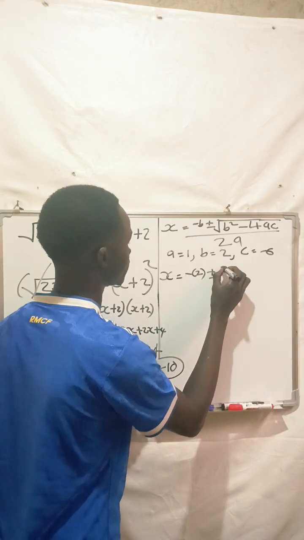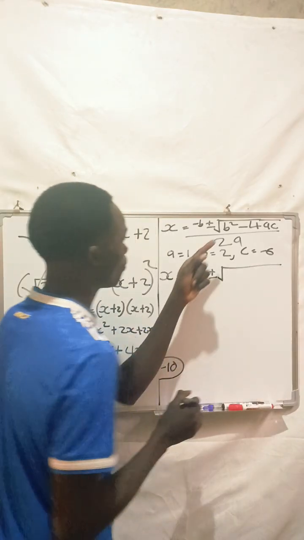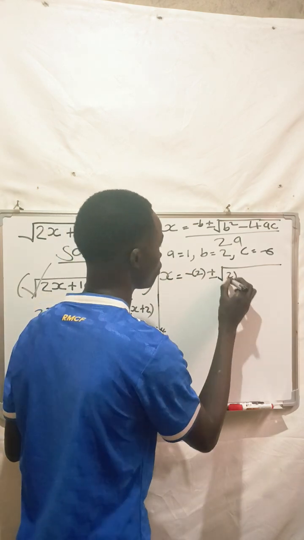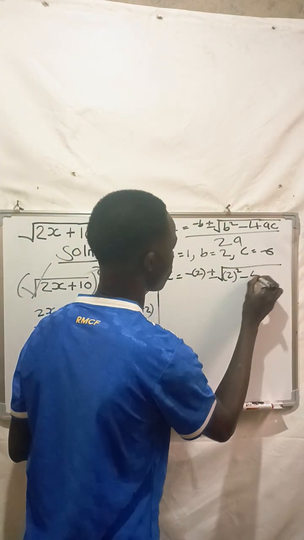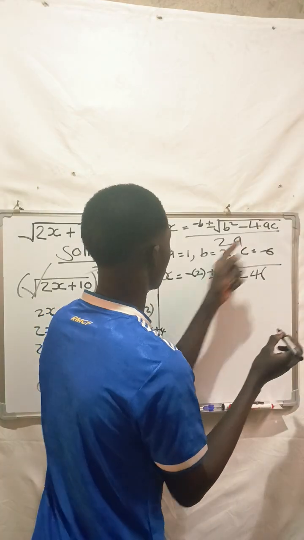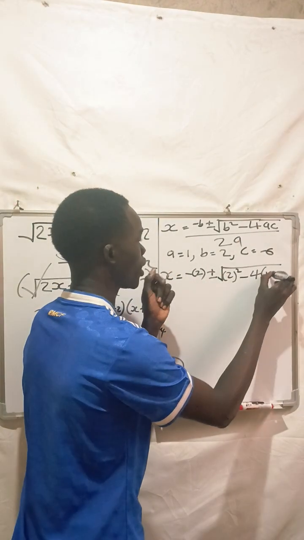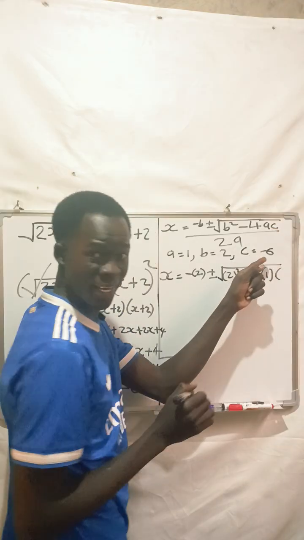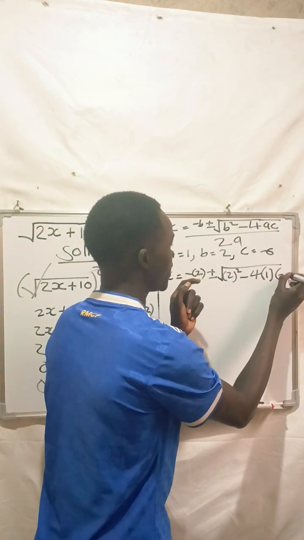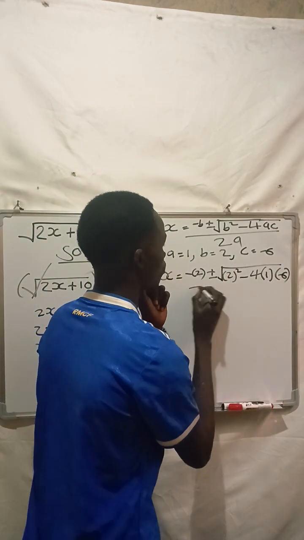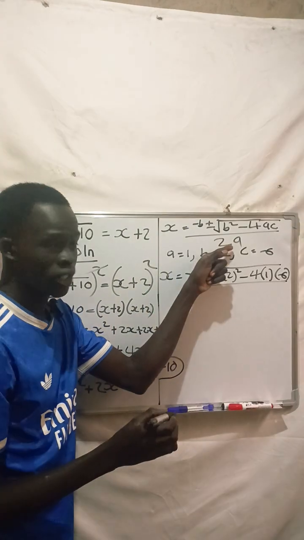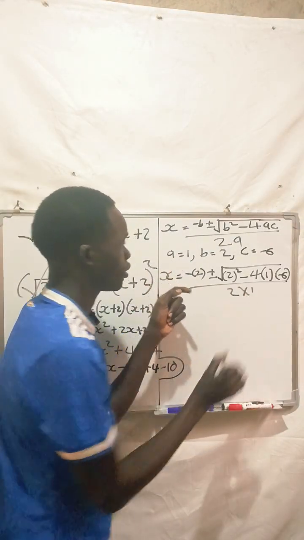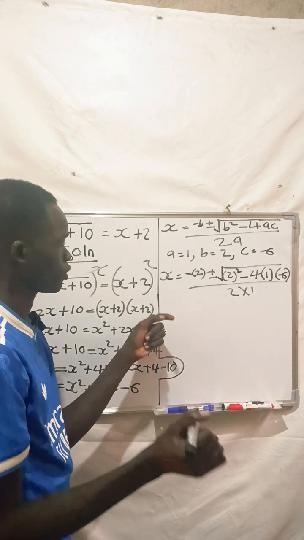Plus or minus the square root of b squared, which is 2 squared, minus 4 times a, which is 1, times c, which is minus 6, all over 2 times a, which is 1. Are you guys following? Alright.